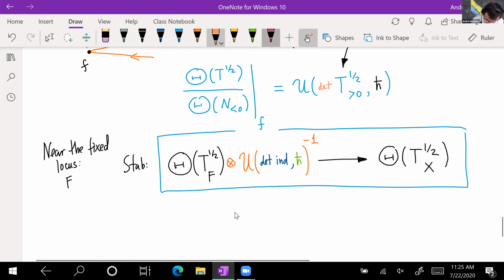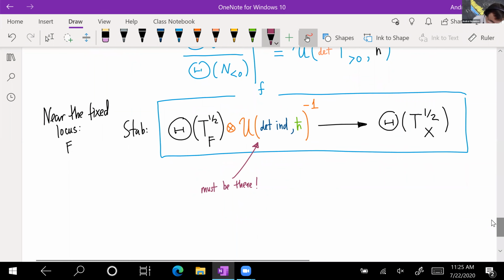Then additionally, if I have any line bundle inherited from X, I can additionally twist it by anything I want.